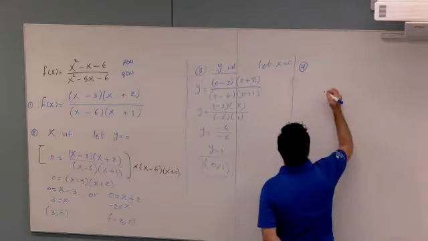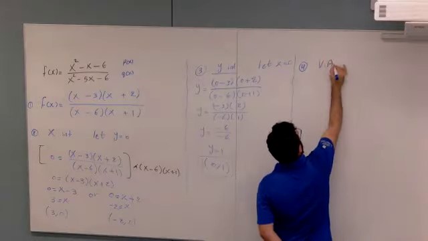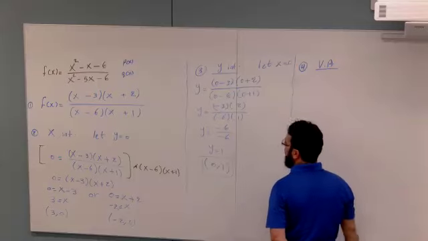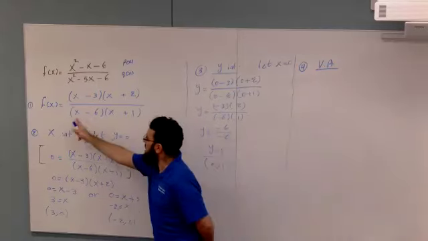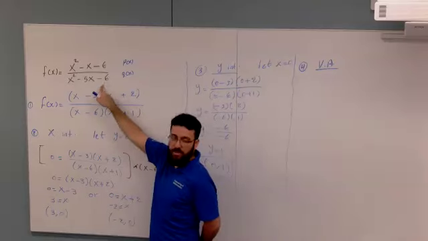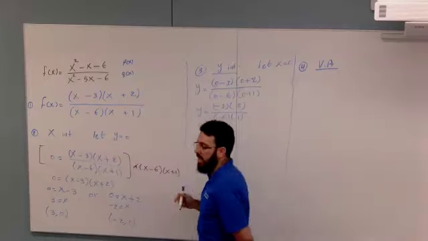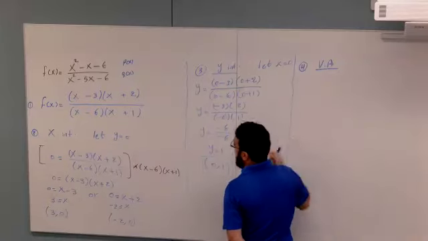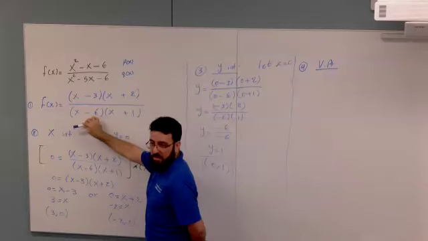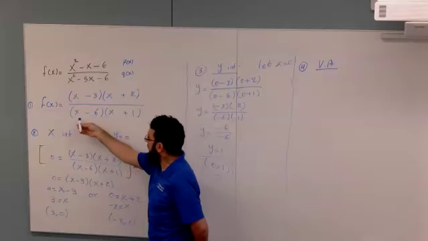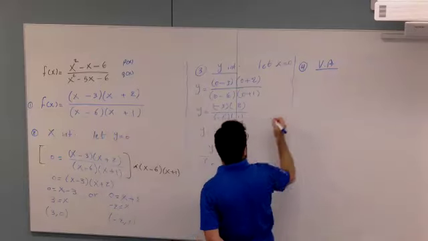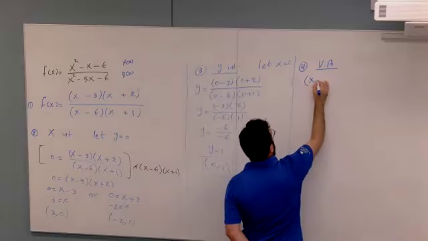How are we going to find the vertical asymptote? Set what? The denominator equal to 0. So here's the denominator. This one is easier, it's already factored. So I'm going to set the denominator, can I simplify it? No.